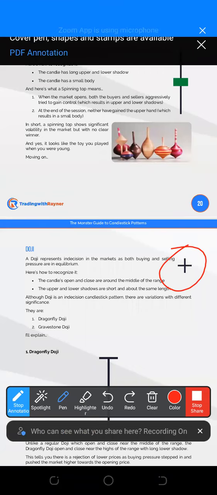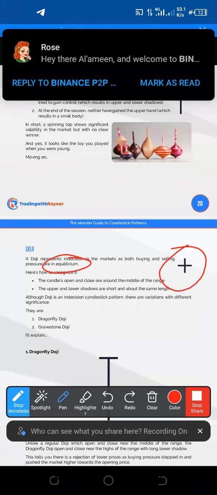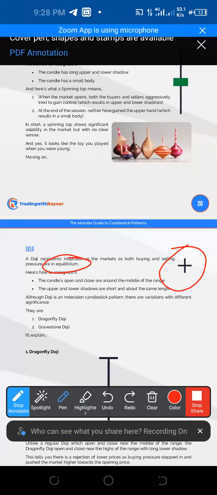Thank you, I love this word. Then the candle's open and close are around the middle of the range. The upper and lower shadow are short and about the same length. Although doji is an indecision candlestick pattern, there are variations with different significance.